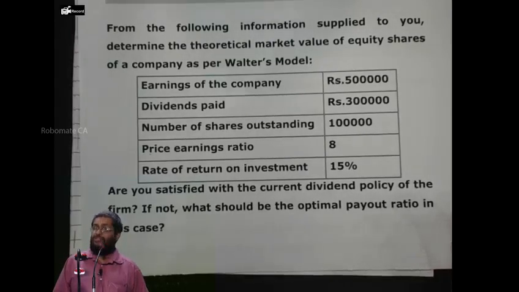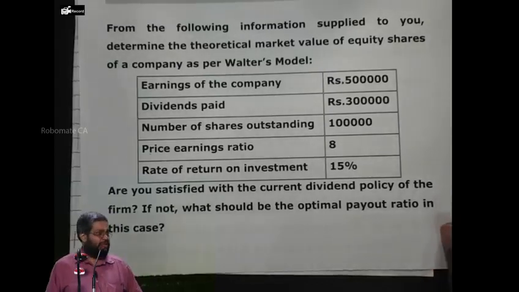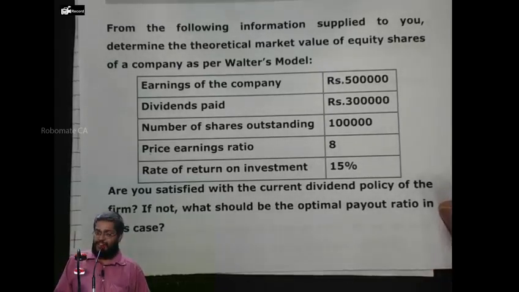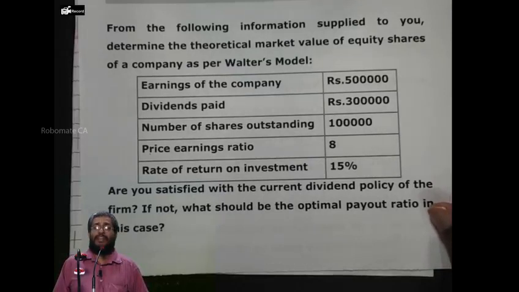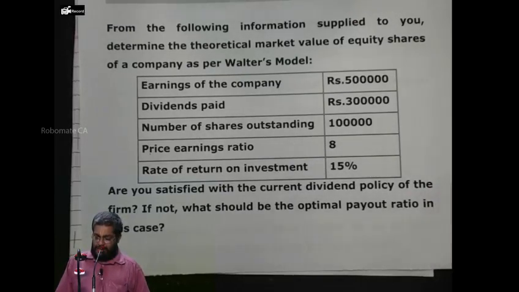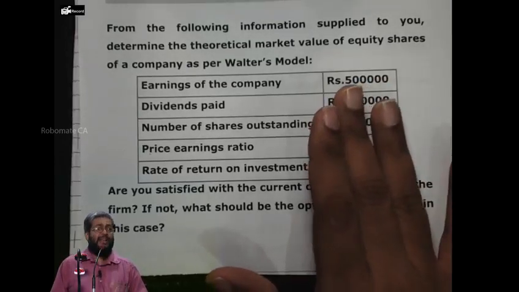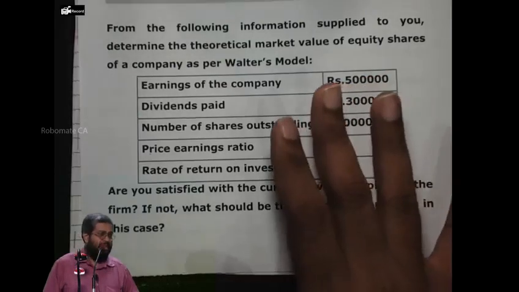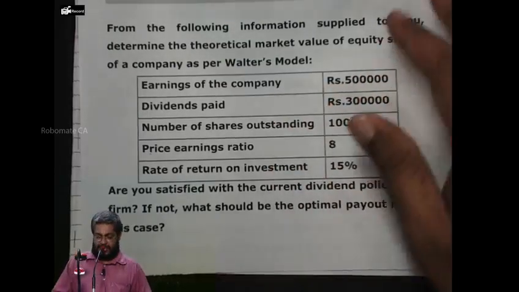Price earning ratio 8. You all know the formula for P/E ratio? MPS divided by EPS. It is 8 rupees. Rate of return on investment is 15%. That is R, the rate of return on retained earnings, 15%. Are you satisfied with the current dividend policy of the firm? If not, what should be the optimal payout ratio? It's an examination problem for 6 marks. Very simple sum, but it tests the concept of Walter here. Okay, now.